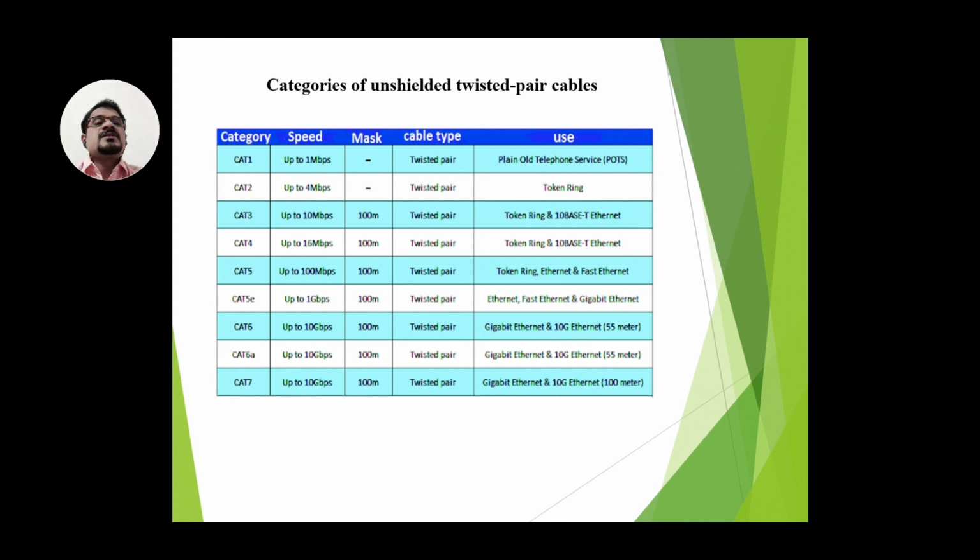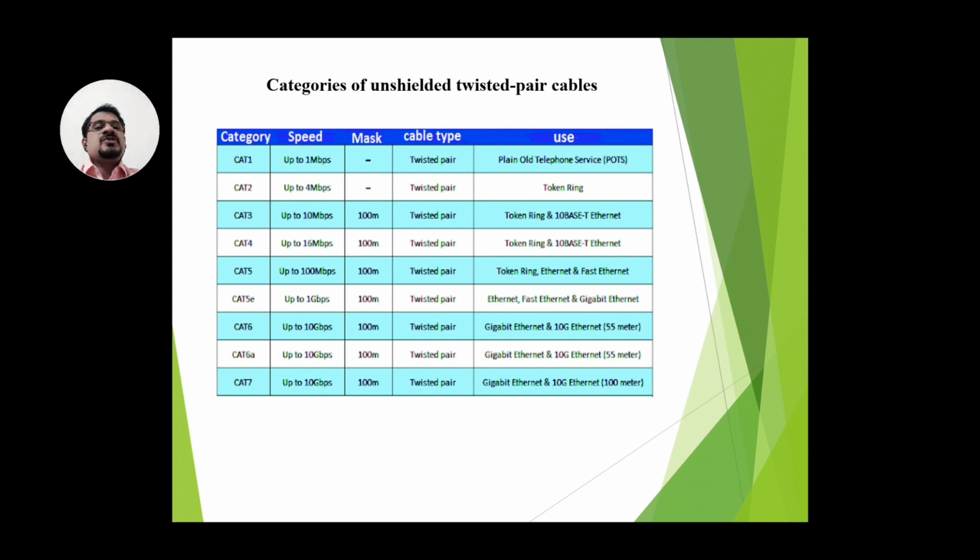In this table, category 1 supports a data rate up to 1 Mbps. This was a very old cable, a pair of wires used for our earlier telephone connections. Similarly, category 2 supports 4 Mbps and can be used for token ring.